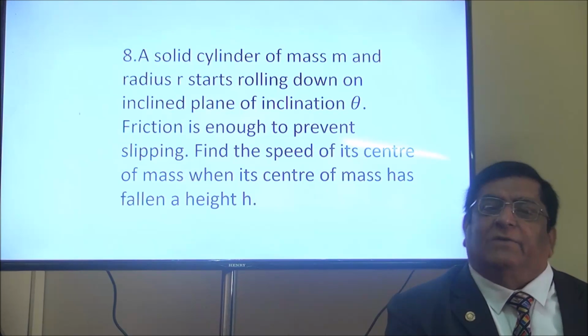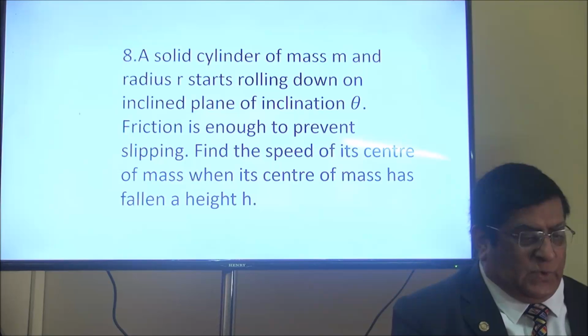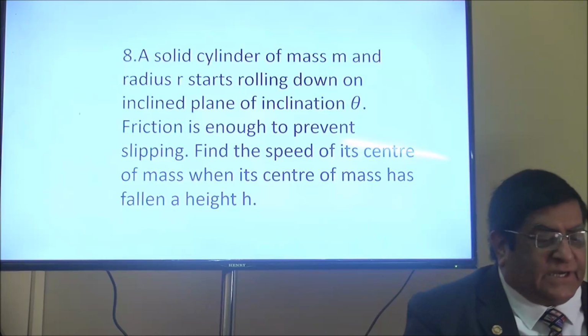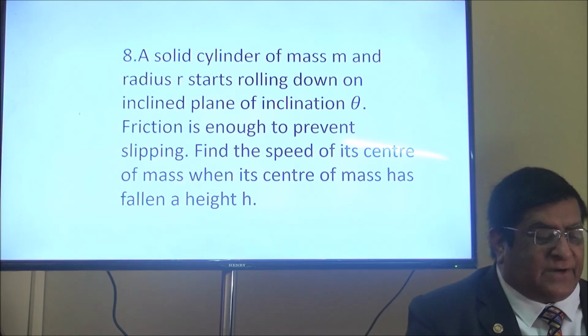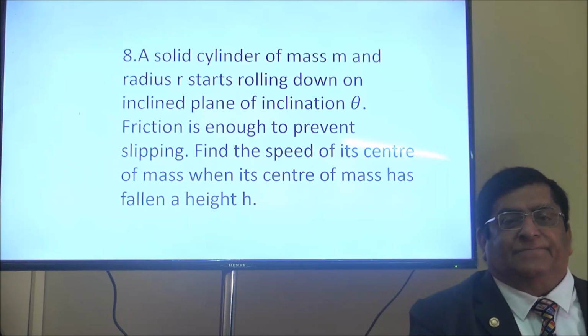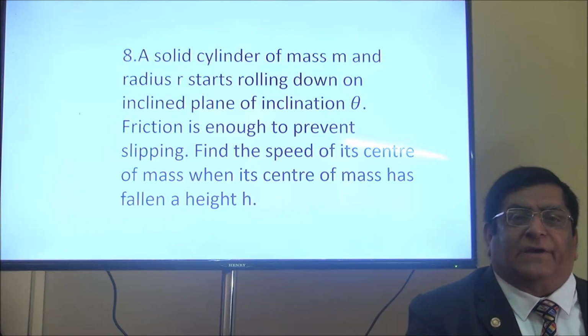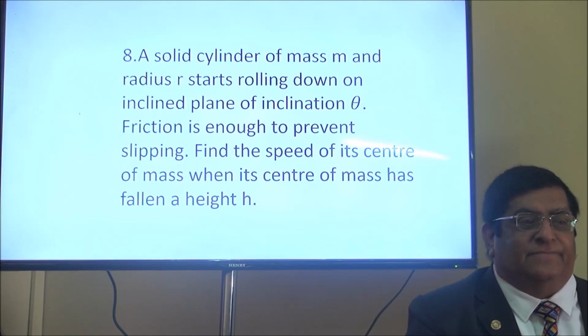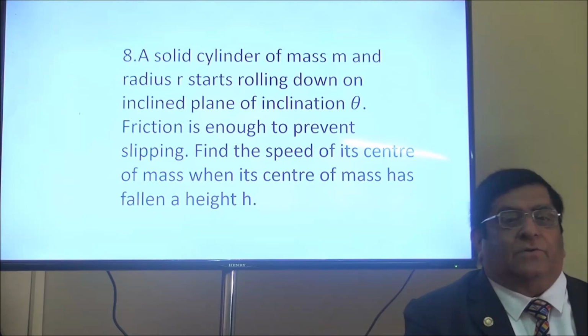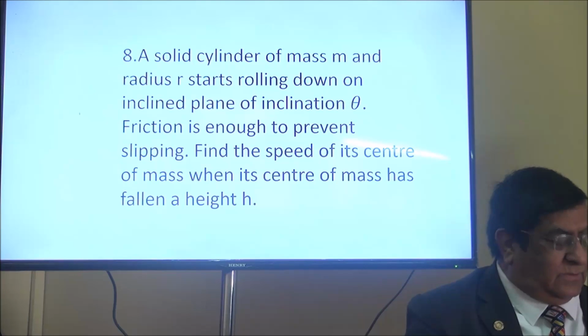What will happen? It will slide down. Okay. Friction is enough to prevent slip. Find the speed of its center of mass when its center of mass has fallen a height of h. What you are supposed to find out? Speed.